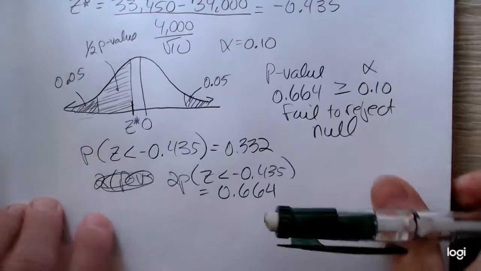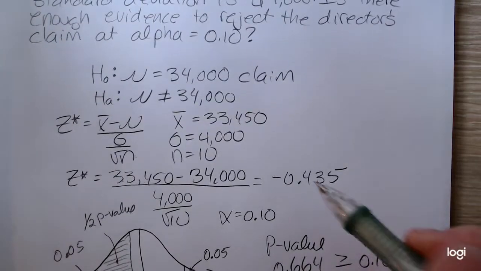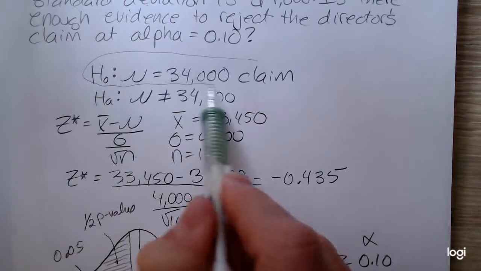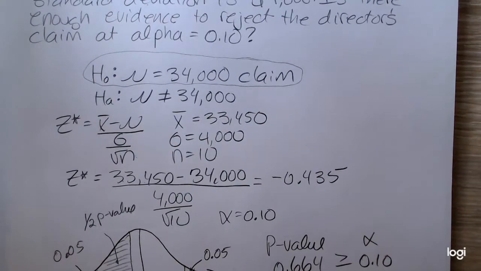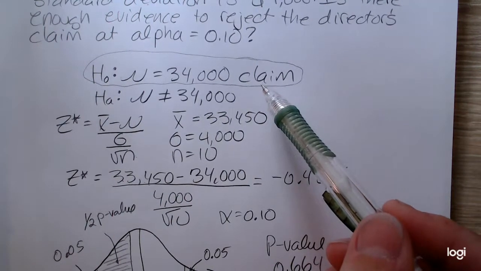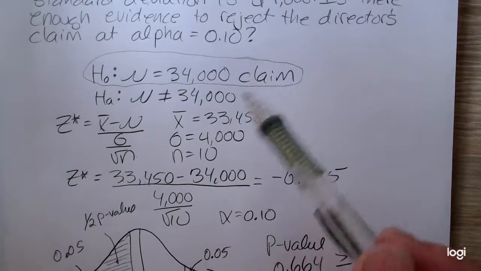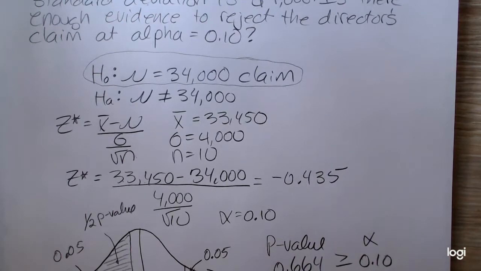So going back to our null and our alternative, we're failing to reject the null. So the correct way to answer the question, is there enough evidence to reject the director's claim? There is insufficient evidence, or there is not enough evidence to reject the claim that the mean nursing salary is $34,000.